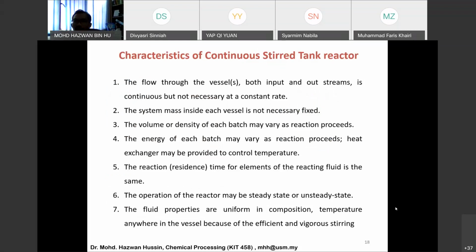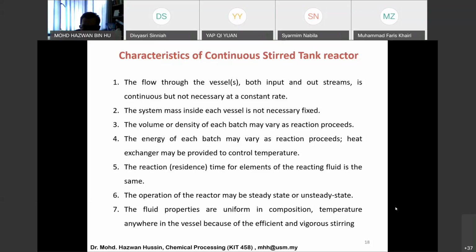The characteristics of the CSTR are also important. The flow through the vessels, both input and output streams, is continuous but necessarily at a constant rate. The system mass inside each vessel is not necessarily fixed. The volume or density of each batch may vary as the reaction proceeds.